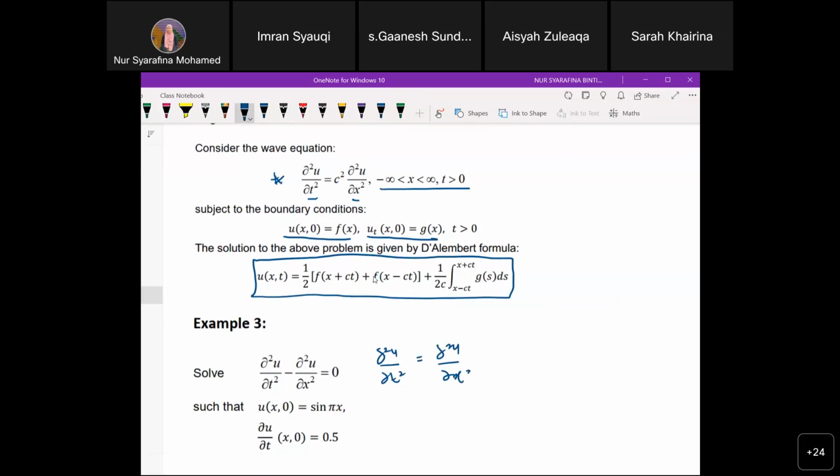The given limits are u(x,0) equals sine pi x and u_t(x,0) equals 0.5. This is a wave equation, and we can use the Alembert method to solve it. Clear or not?